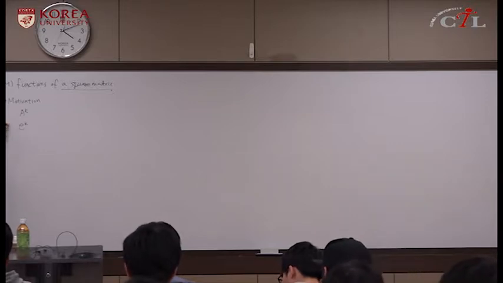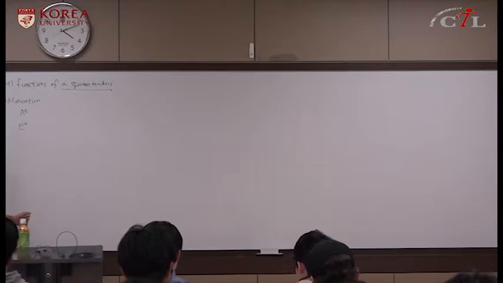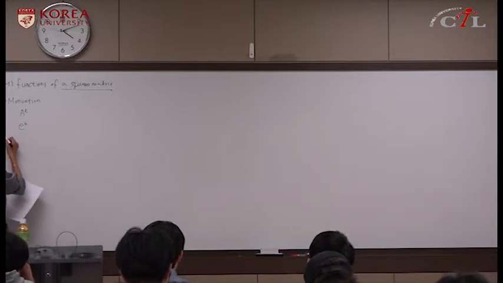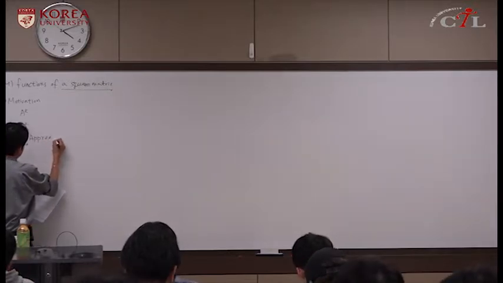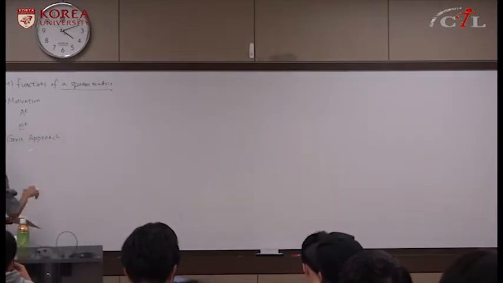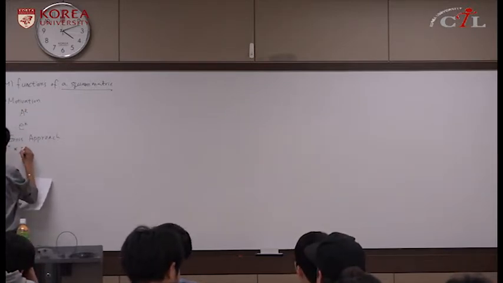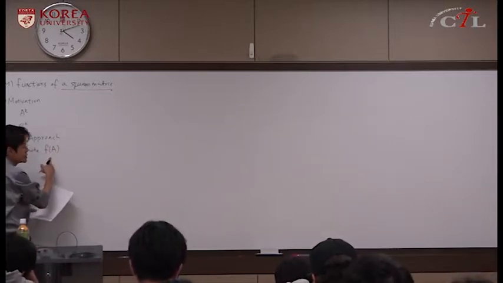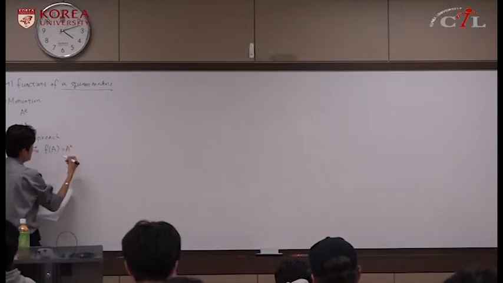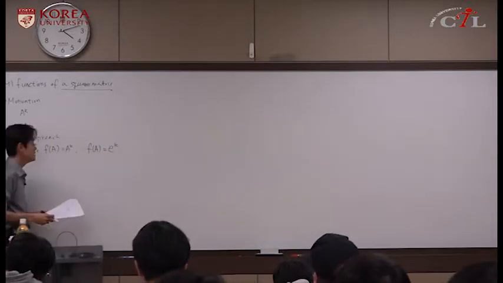So if you want to find those things, we may utilize functions of a square matrix. Okay, so let's say this is a function. Function of square matrix is A^k, or function of square matrix is e^(Ak). Let's say this is function.